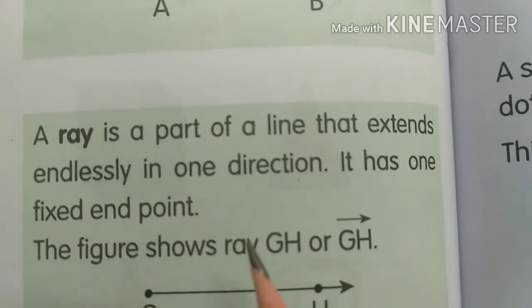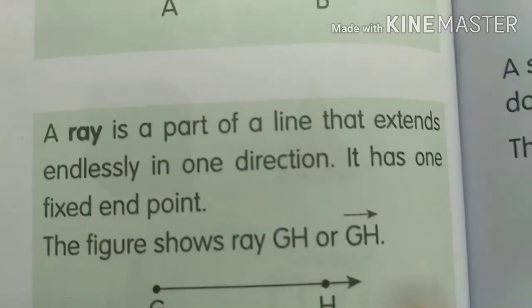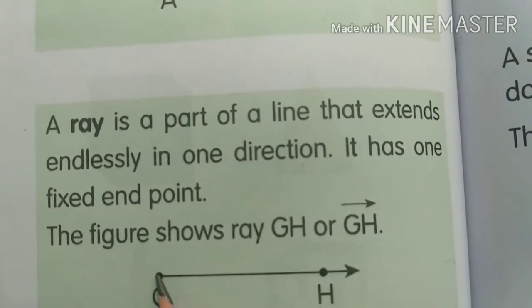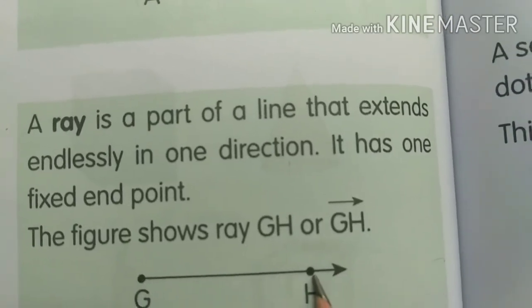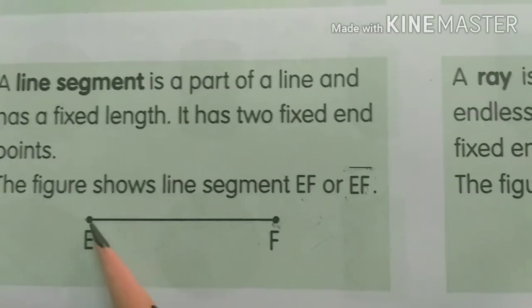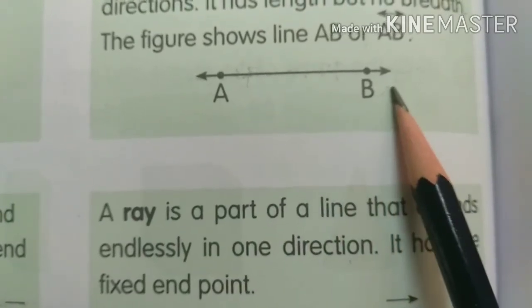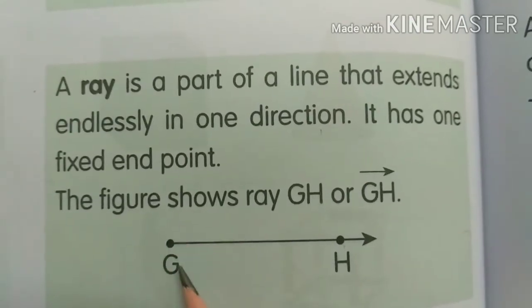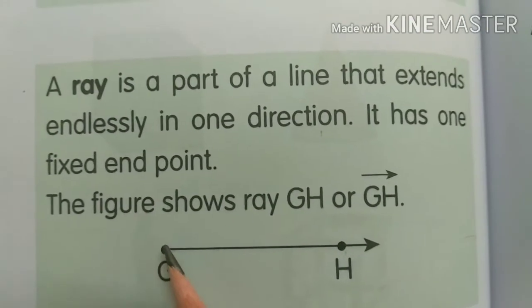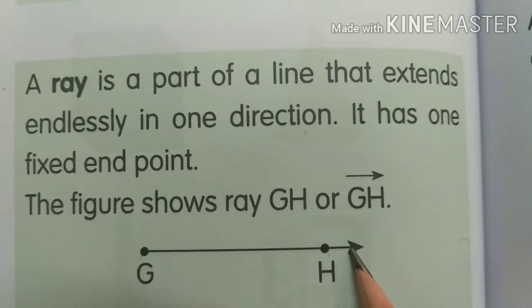In a ray, only one direction has no end. One direction has an end point, but the other direction has no end point. Line segments have end points in both directions. A line has no end points in both directions, but in a ray, one direction has an end point and the other has no end point.